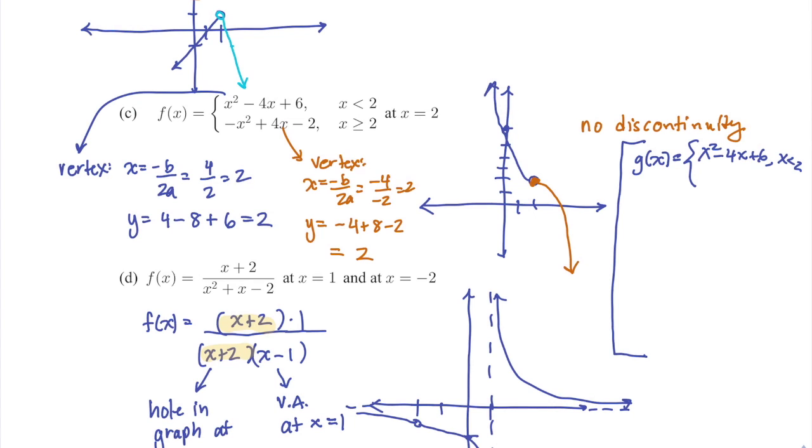But instead, for the second branch, instead of what's listed, we just have -x squared plus 4x without the -2 at x greater than or equal to 2. Let's imagine what that's going to look like.